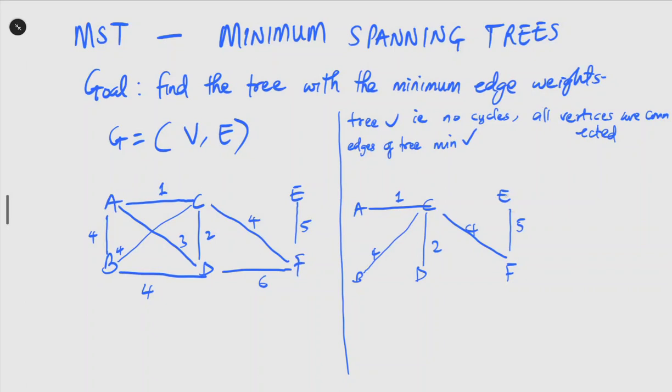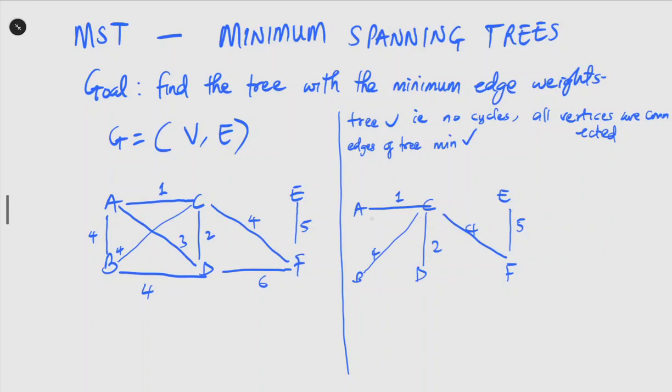Let's check. E, F, C, D. I can't get back to E without visiting the edges D, C, F, E. So because I can't go back to E without visiting the edges from E to D, I have no cycle.